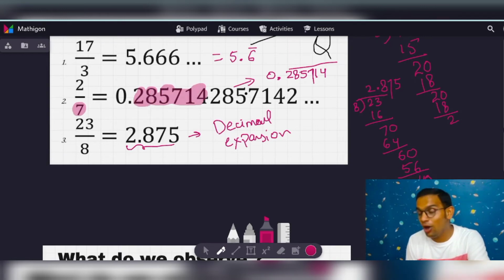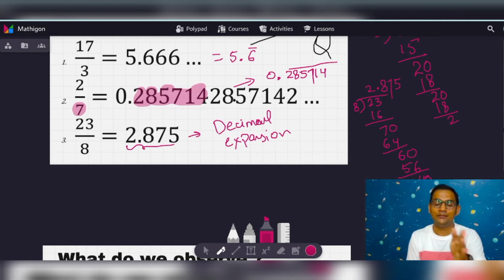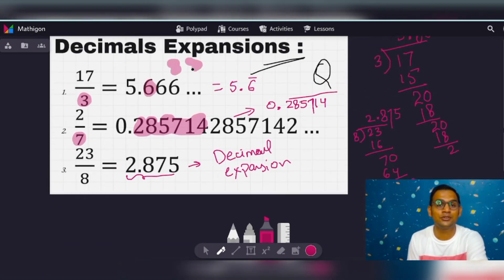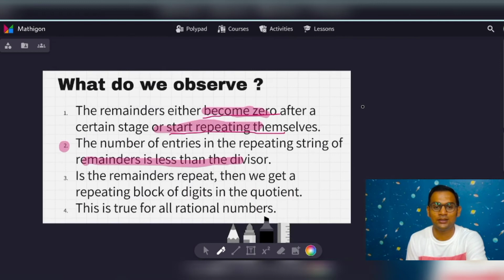It cannot repeat after 7 or 8 decimals. If it has to repeat itself, it must repeat before 7, within 6 decimal places. In the first case, the divisor is 3 and it started repeating from the first place itself. It cannot start repeating after 3. That is a very, very important observation. You can take a few more examples and try to understand this point.